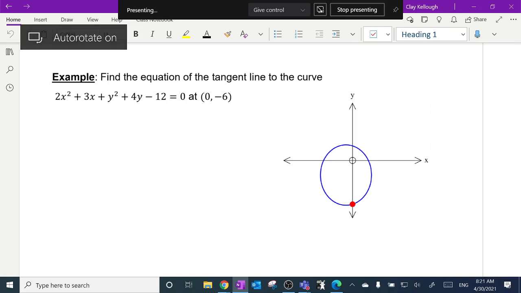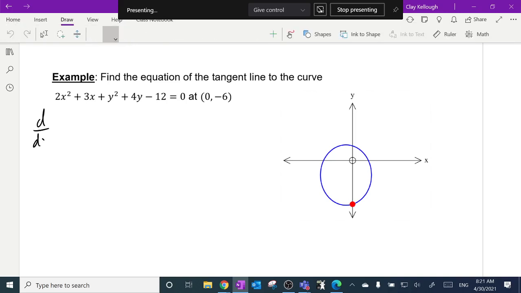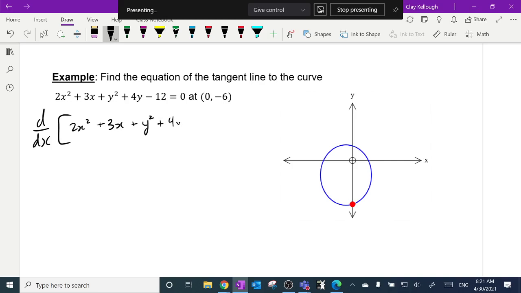I am going to take the derivative of this entire equation, and the two parts that have y's in them, I have to use my chain rule on. So the derivative of 2x squared is of course 4x. The derivative of 3x is 3.